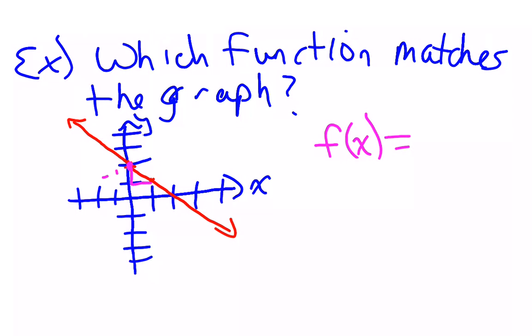So minus 1, but then it goes over 1. So we have negative 1 over 1. So our slope is negative 1. So we're going to have negative 1x or negative x, and then our y-intercept is at 2. So plus 2.